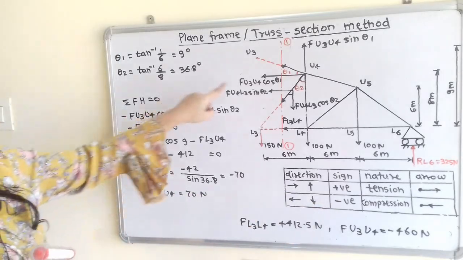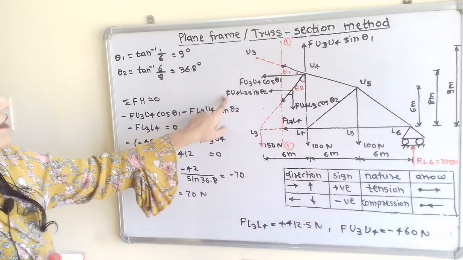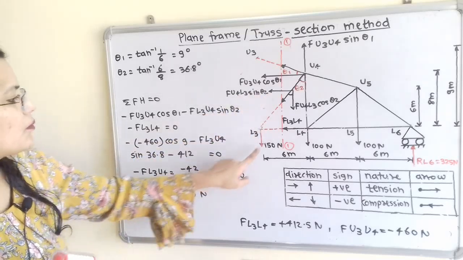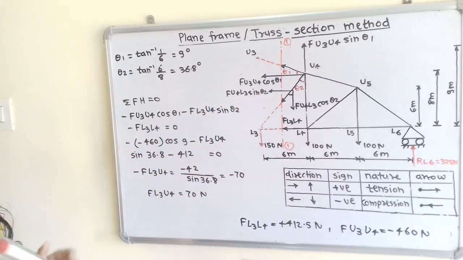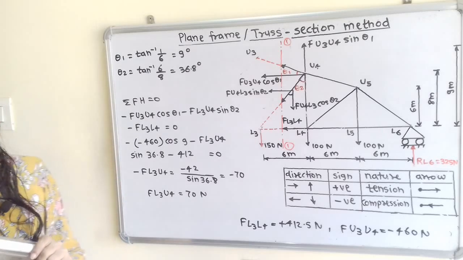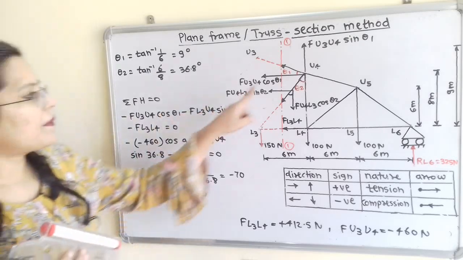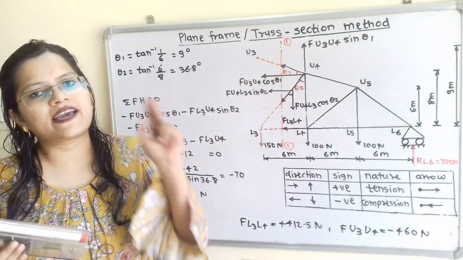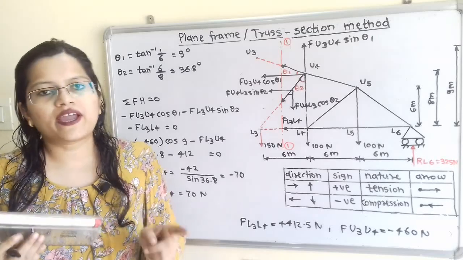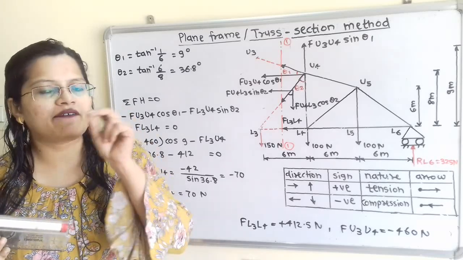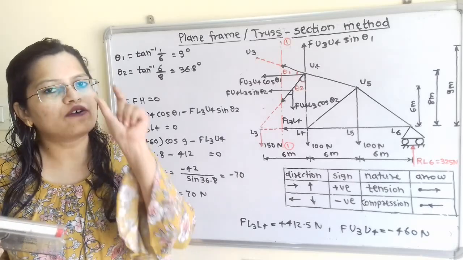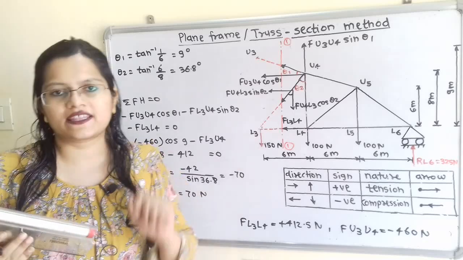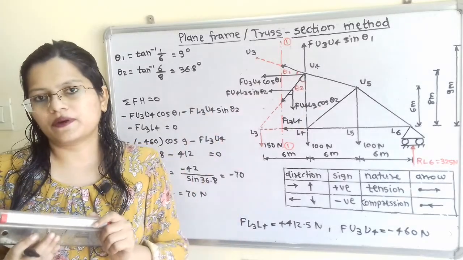So minus Fu3U4 cos of theta 1 minus L3U4 sine of theta 2 minus L3L4 is equal to 0. Now we have to put the value. So remember, for any force we have used direction in the outward direction from the joint. So whenever that particular force is having negative magnitude, we have to use that magnitude with sign, because we have used the same direction for all these members.